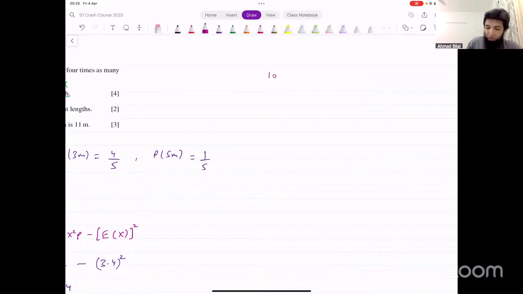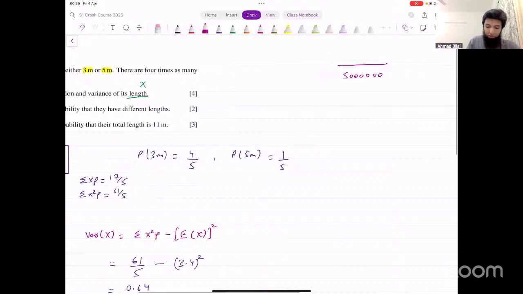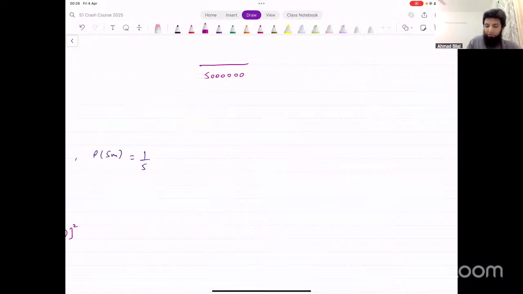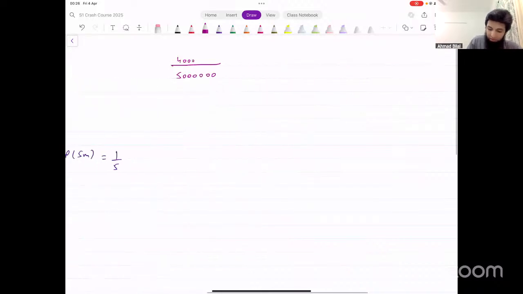Let's say the total number of ropes was 5 million. Now, in that ratio, the number of 3-meter ropes would be 4 million. So the probability of this would be 0.8, or 4/5.